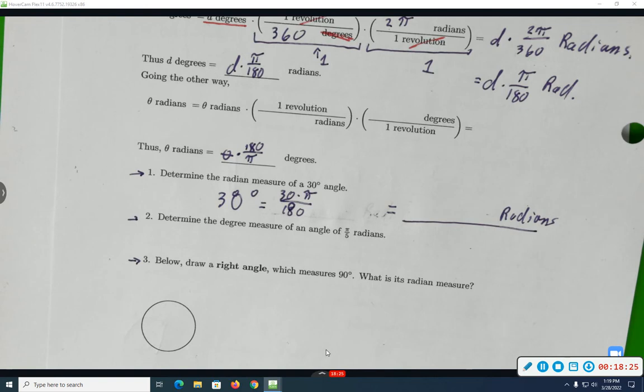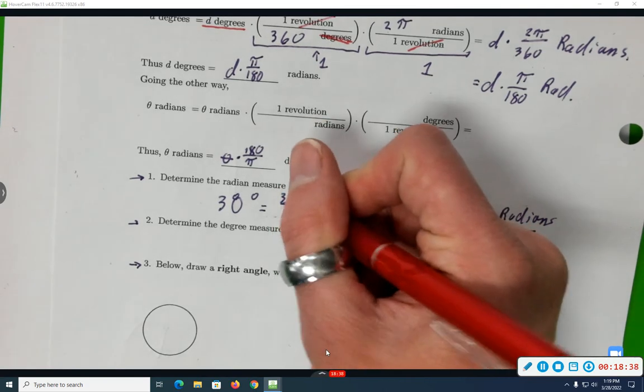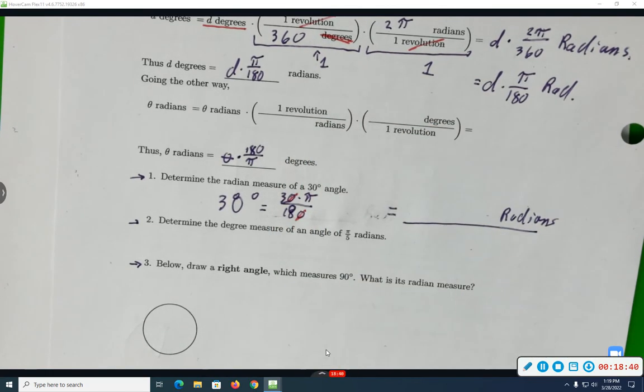At a minimum, both the numerator and denominator are multiples of 10. 30 is 3 times 10, 180 is 18 times 10. So you can cancel the 10s. So there's a little bit simpler. Numerator and denominator still have any common factors?